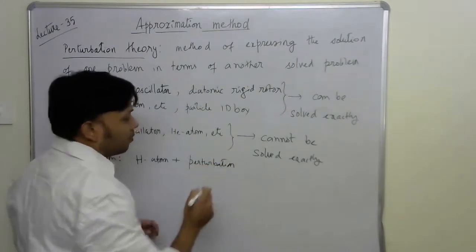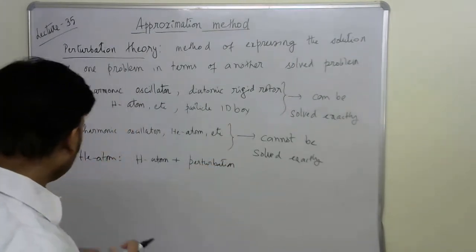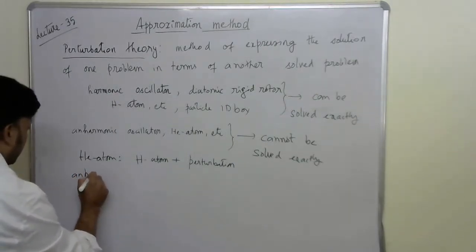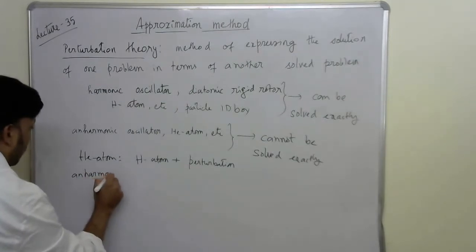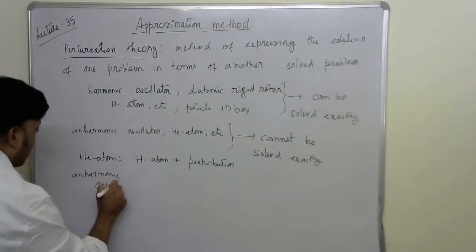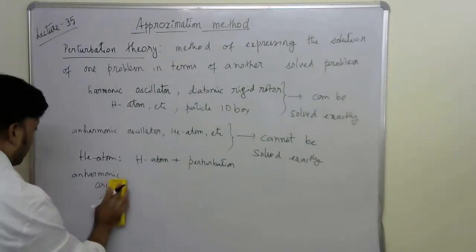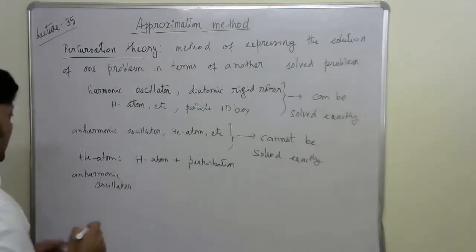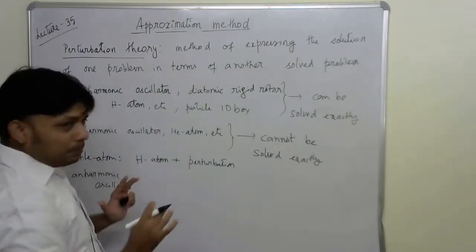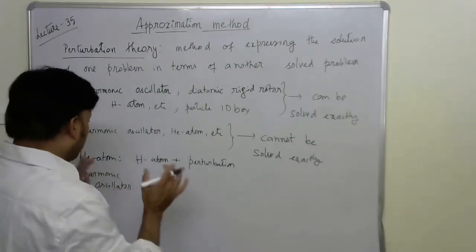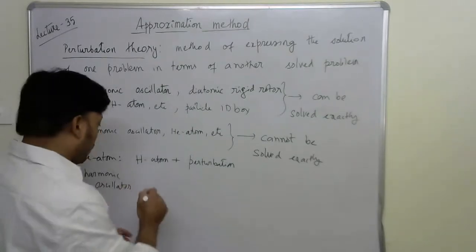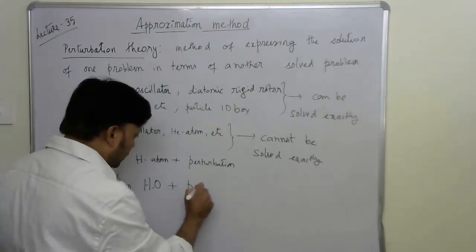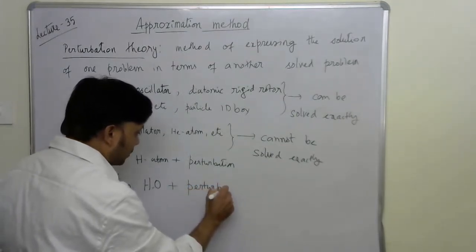The word perturbation means change. In the same way, if I want to know the energy of an anharmonic oscillator, we follow the same approach. We think of it as the harmonic oscillator plus some change, and that change is the perturbation.